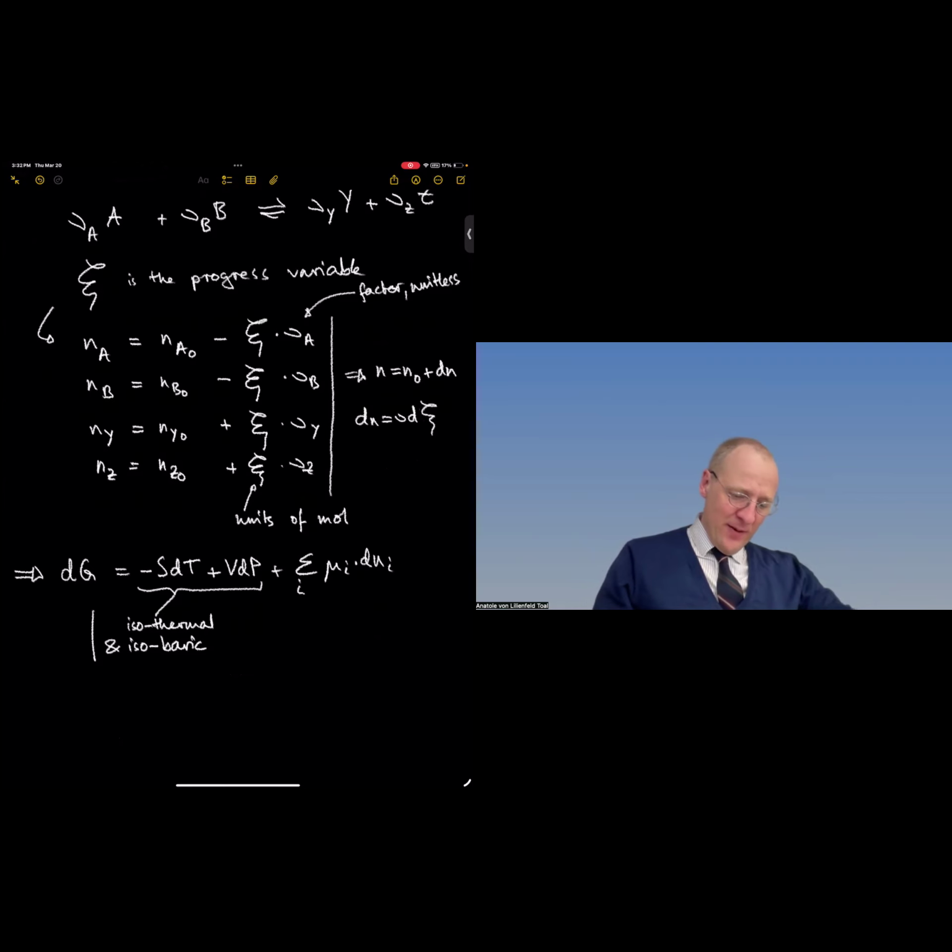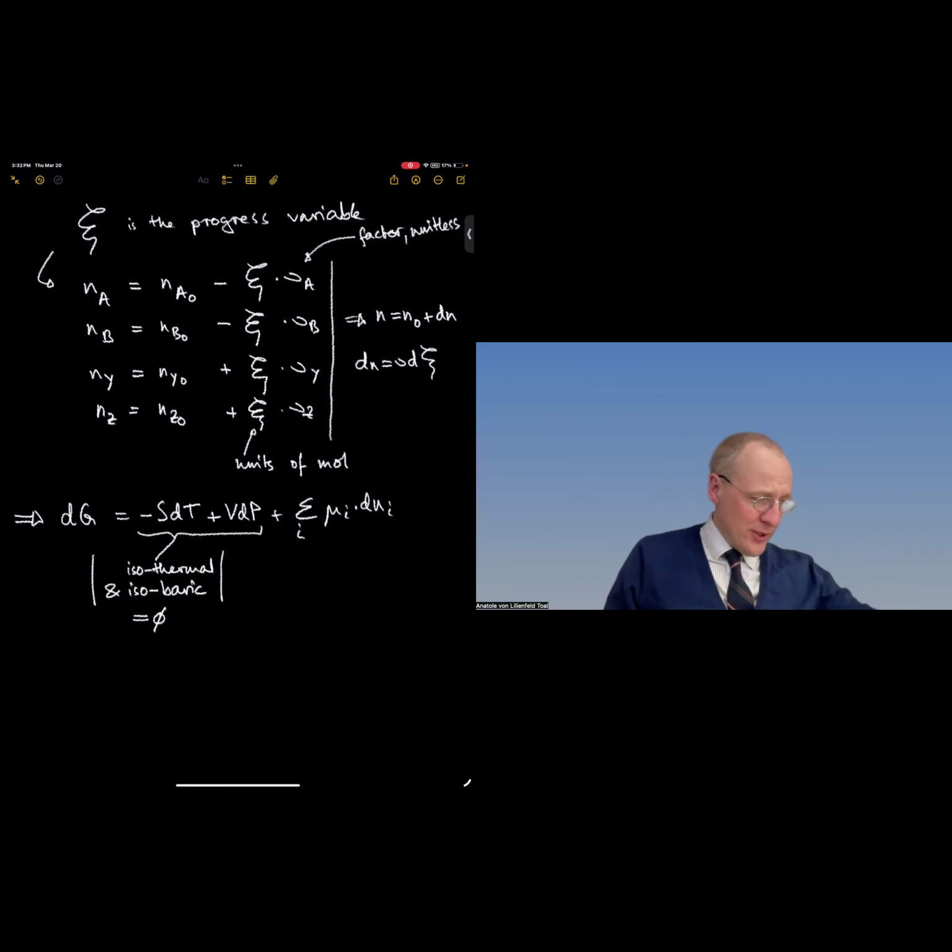All right, so we set these first two terms to 0. And so under these conditions, you now notice what is driving your reaction. The energy is literally the chemical potential. There's nothing else left.